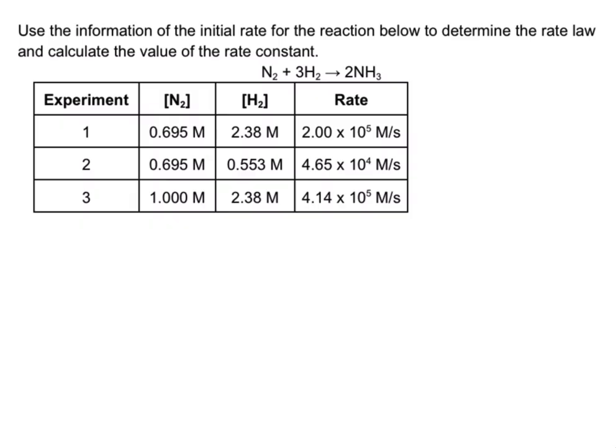So I'm going to start off with my generic rate law, which is rate equals K times the concentration of N2 raised to some power M times the concentration of H2 raised to the power of N. In order for me to solve for M, I've got to find two experiments where the concentration of H2 doesn't change. So I'm looking at experiment 1 and experiment 3. So let's solve for M.